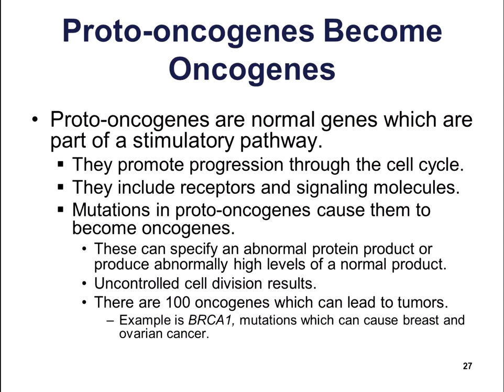We then see uncontrolled cell division resulting, and this can lead to tumors. There are about 100 oncogenes which can lead to tumors. An example is BRCA1, and mutations in this one are what we see causing breast cancer and ovarian cancer.